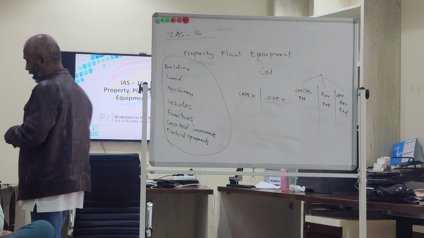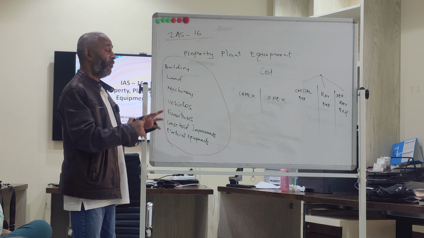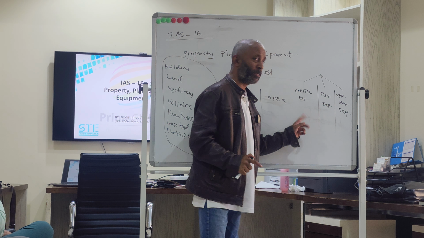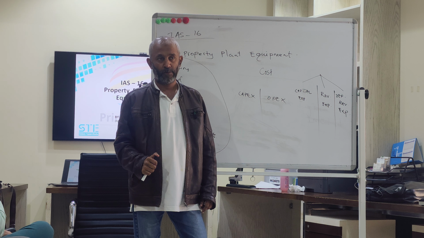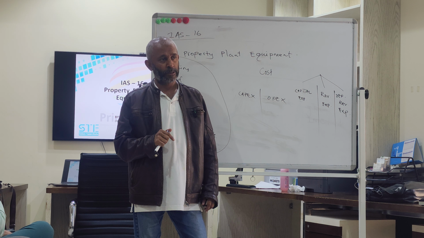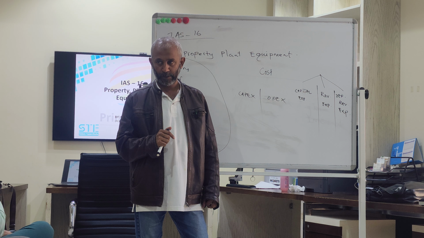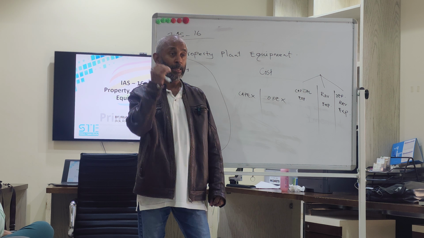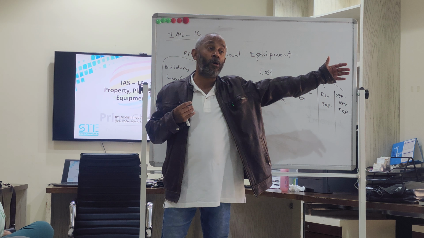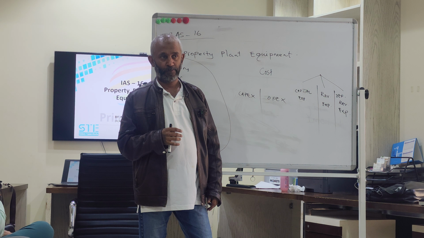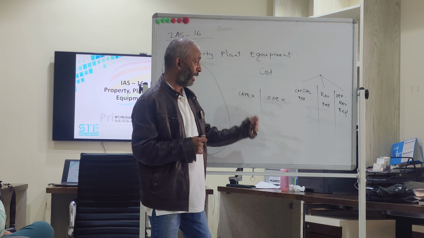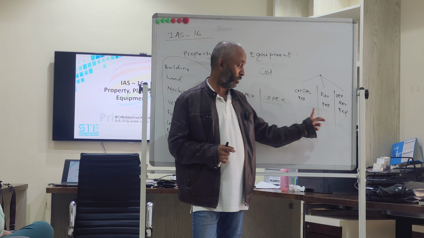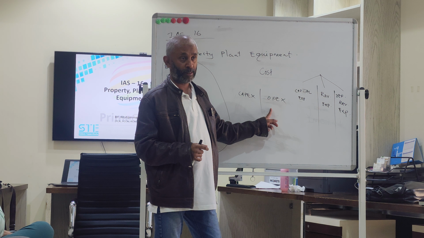So these three categories are there to classify whatever expenditure you have, you have to classify it into one of these three headings. Now, about this color wash or painting. Painting is not going to enhance your economic return for a longer period of time. So therefore, painting has to be part of your revenue expenditure or your operating expenditure.